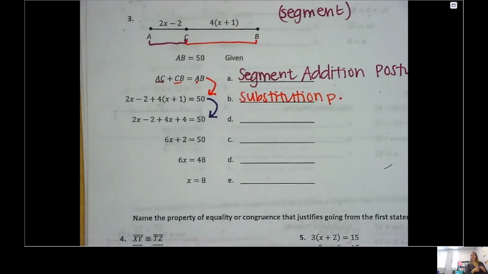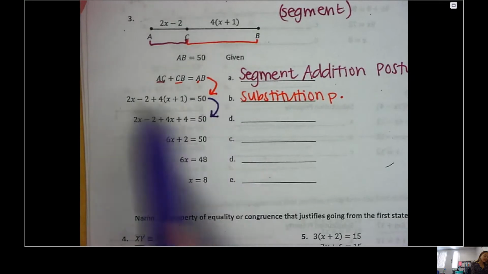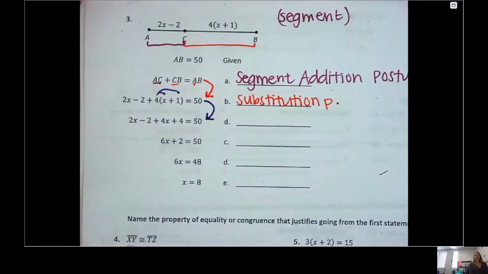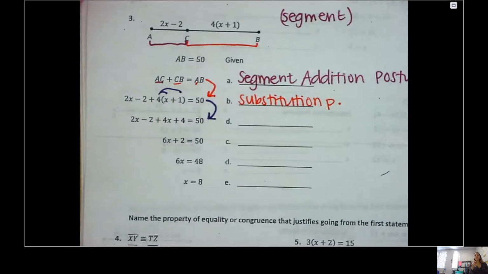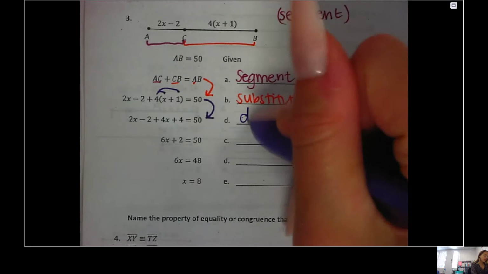Elijah, what do you think? Yeah, you're distributing. What are you distributing? The quantity of x plus 1. Good. So the only thing that changes, look, the 50 stays the same, the 2x minus 2 stays the same. The only thing that changes is I take this 4 and I give it away. Now it's only on one side, so it's just the distribution property.